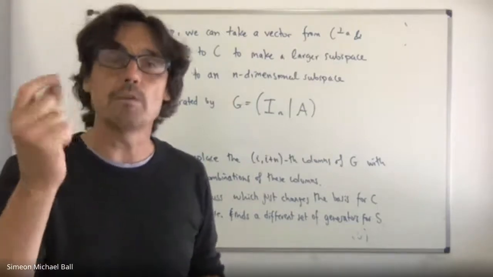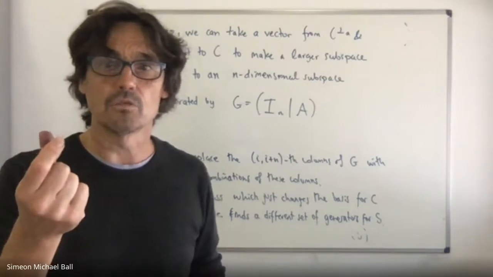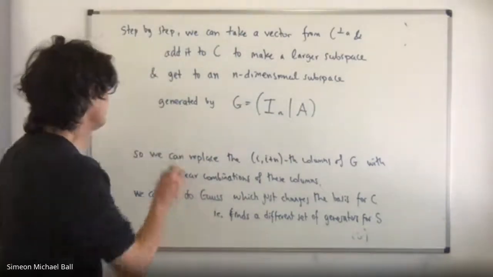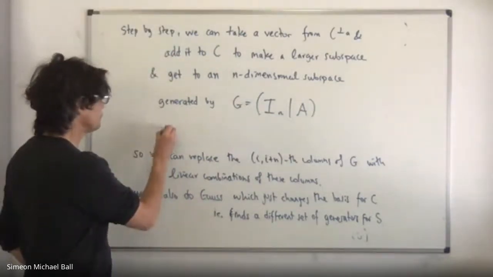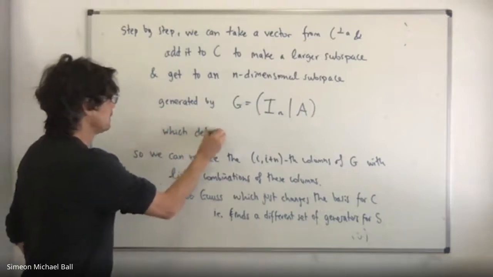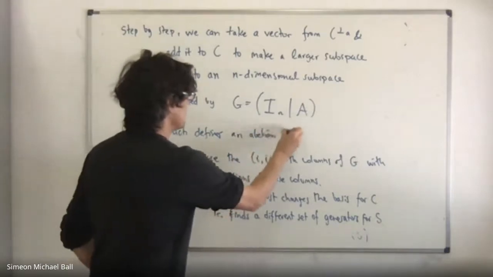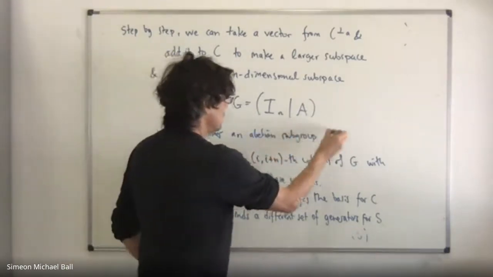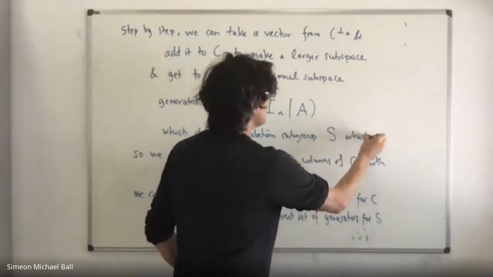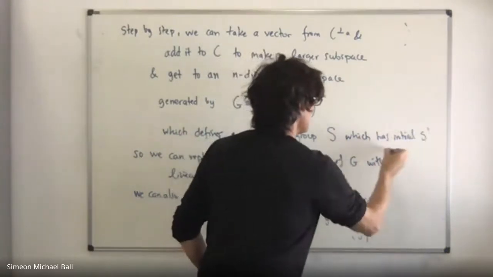So up to a permutation of the Paulis in each coordinate, you basically get all the way to here, and now we can refine, which defines an abelian subgroup S, which has the initial S prime as a subgroup.